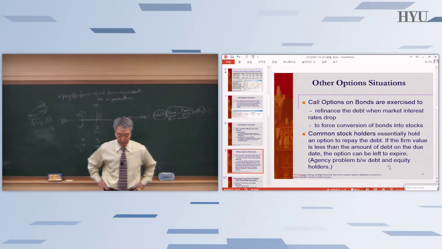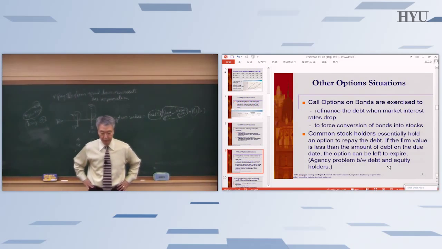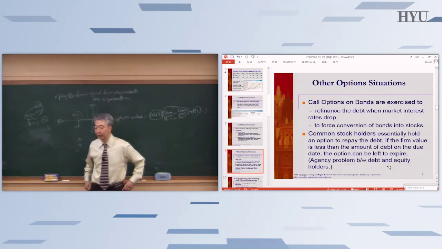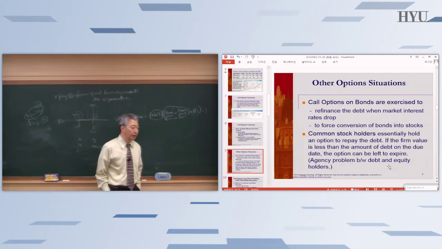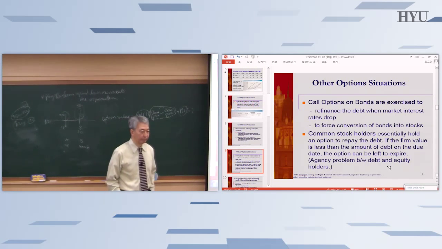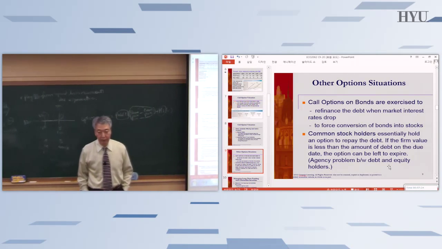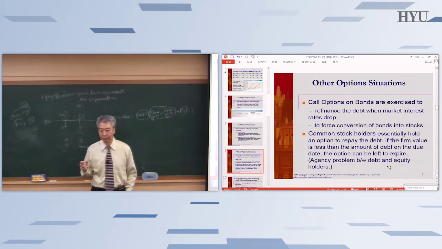Another reason they would call the bond is for conversion, to let the bondholders convert their bonds into stocks. That's actually our next topic, convertible securities. Some bonds, when they're issued, say this bond is convertible. Within a certain period of time, you can convert this bond into stocks, and it will say how many shares.